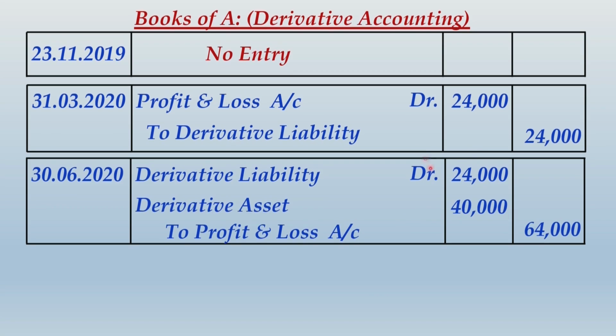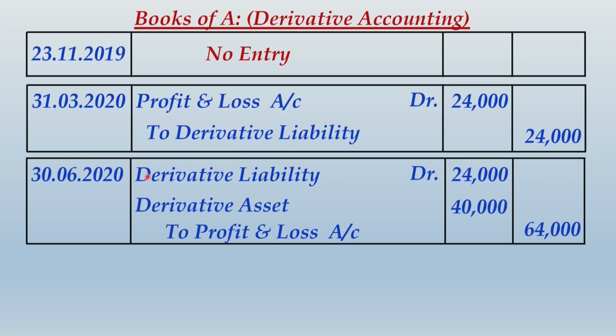But there will be no payable remaining for A, and therefore A will have to square off this liability. So on an overall basis, there is a benefit of 40,000 which will be accounted for as a derivative asset, and the previously recognized derivative liability will be offset.